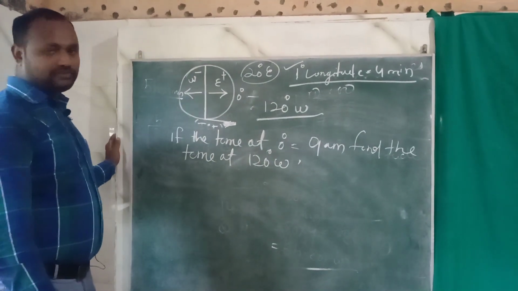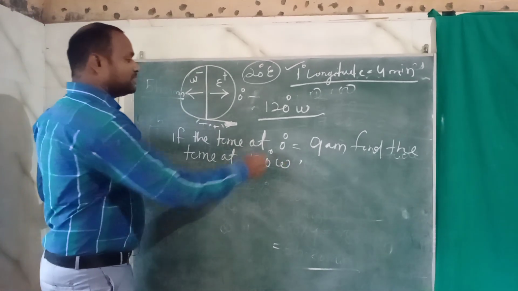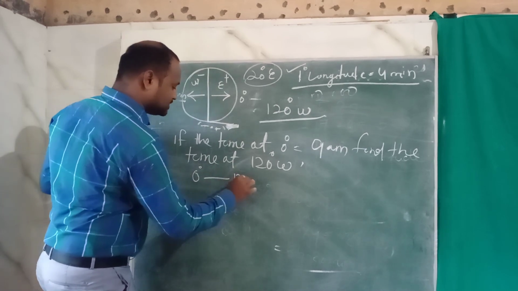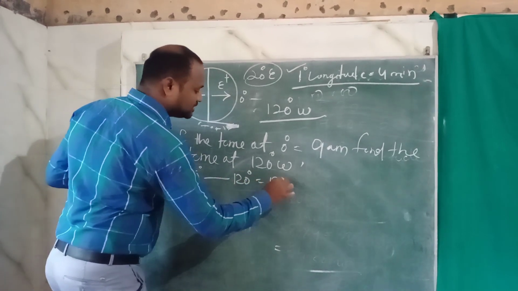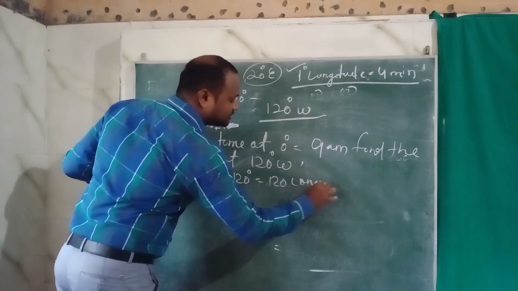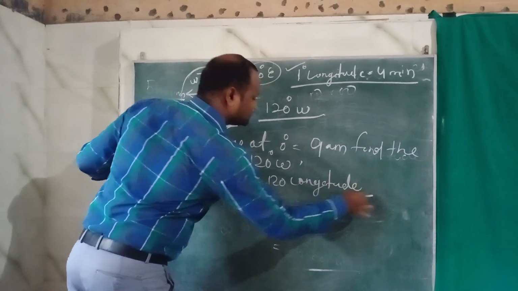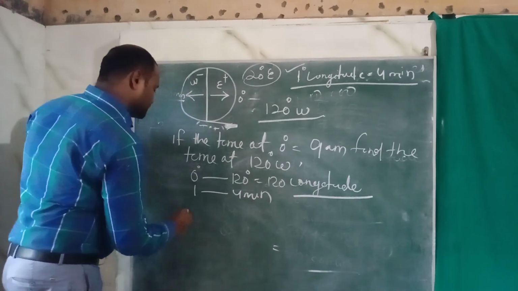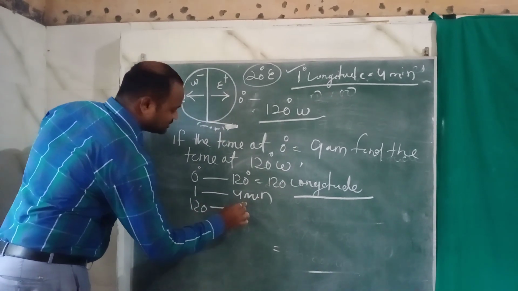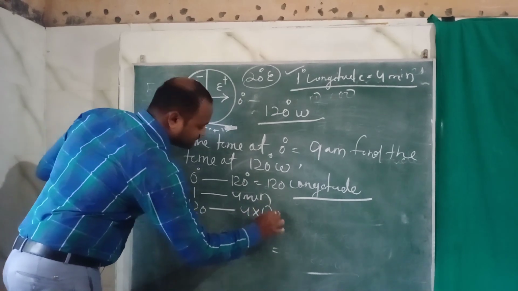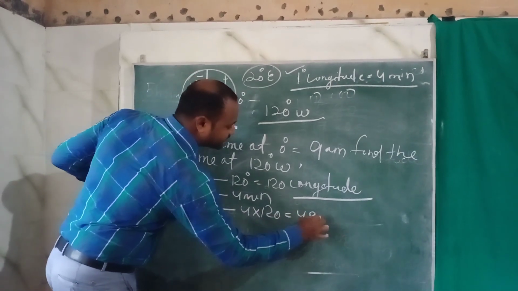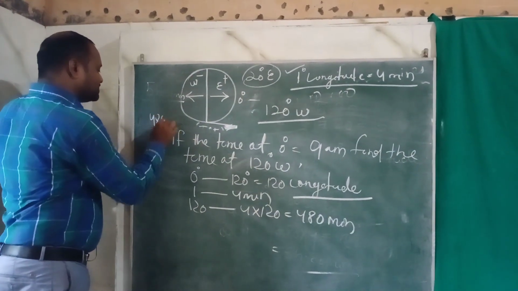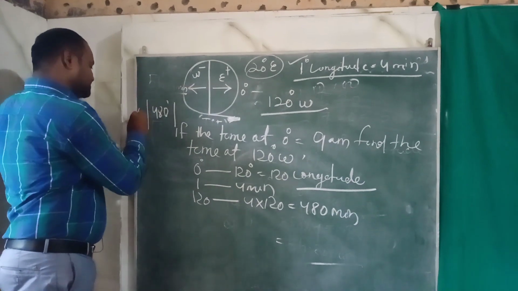Okay, so how to find out? Again, you have to find out 0 degree to 120 degree. There will be 120 longitudes, yes or no? One longitude is 4 minutes, so 120 longitudes, 4 into 120 is equal to 480 minutes. 480 minutes divided by 60.